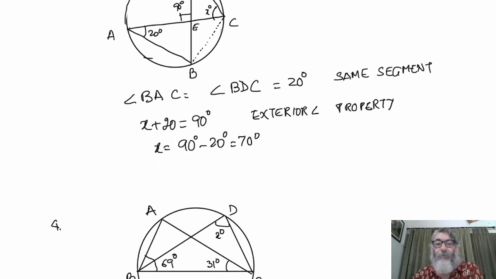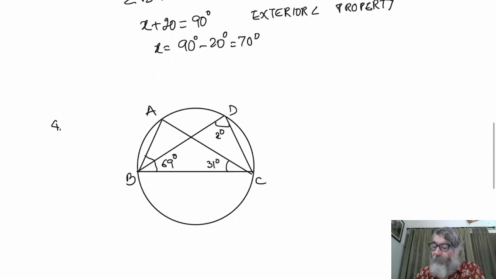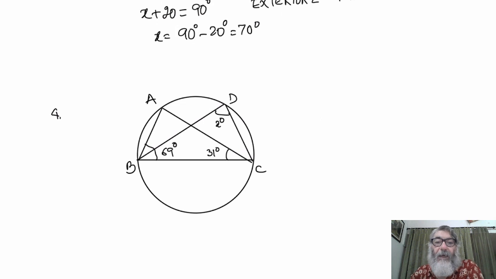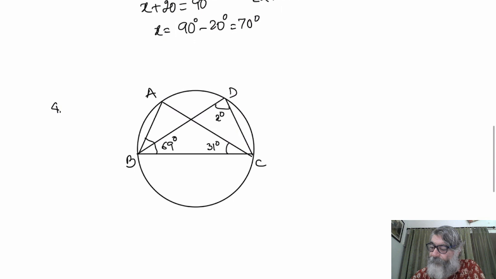Let us see the fourth question. Again, in the fourth question, I have to find the value of angle X. Now, in triangle ABC, I can find angle BAC.